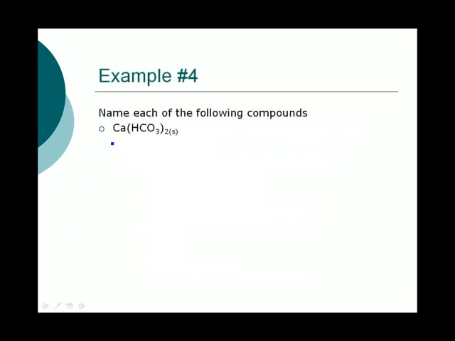And here we'll just go through and we'll name some compounds. So, when we take a look, we see Ca is calcium, and then a polyatomic ion here. So we know this has to be ionic. And so it's going to be calcium bicarbonate.